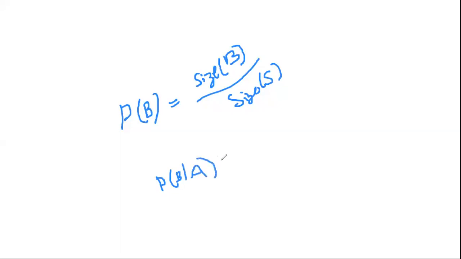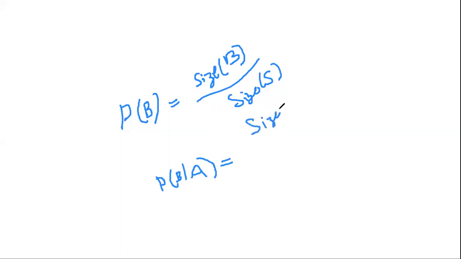We have discussed that it is the occurrence of B only in the part A intersection B. So we are finding the occurrence of B only inside A intersection B. How do you write this? We will be writing like this.